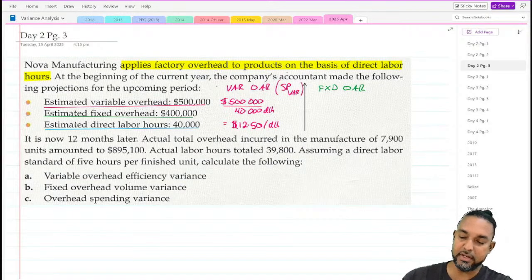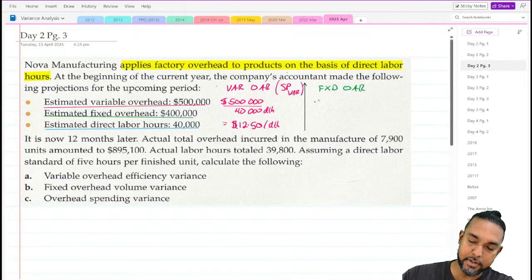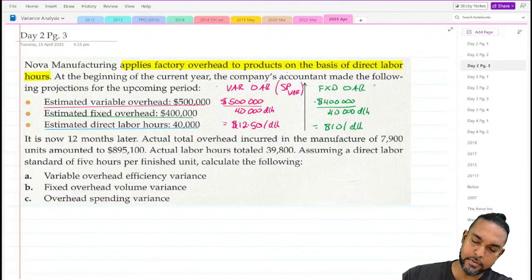You don't have to notate that, that's just me being mathy. And then for the fixed one, you take 400,000 divided by 40,000, so that's just $10 per hour. Again, this is like a standard price for your fixed overheads.